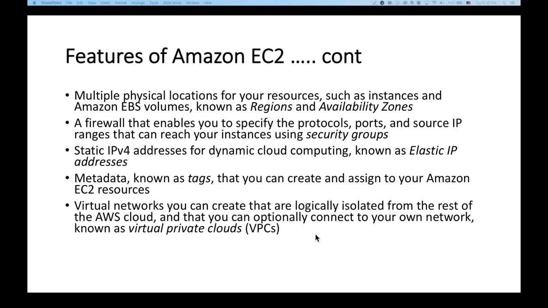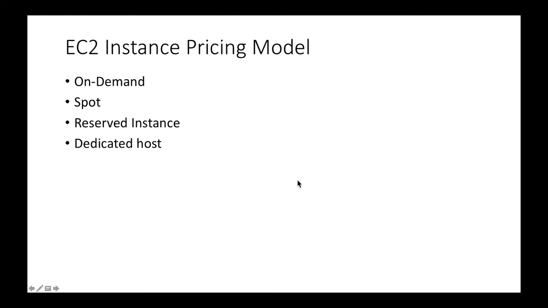When we talk about the EC2 pricing model, we usually talk about on-demand, spot, reserved instances, and dedicated hosts. What is on-demand? When I just go and create an EC2 instance based on my need, it is on demand.